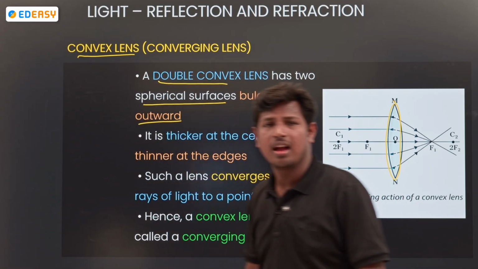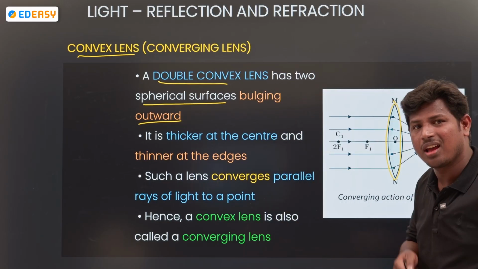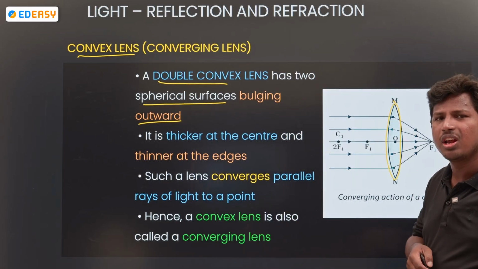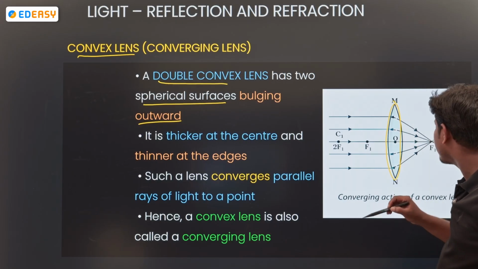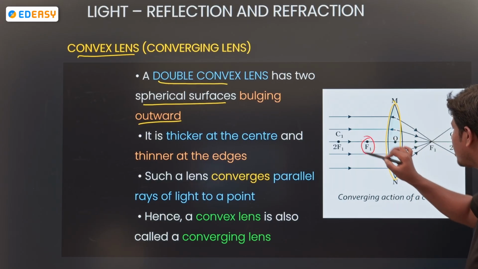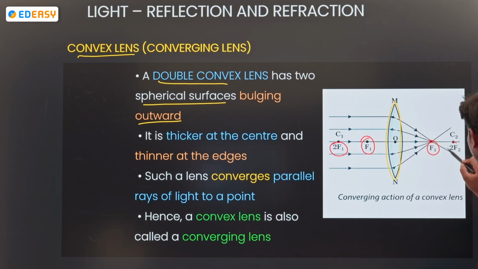If anybody has any doubt based on this biconvex lens, I am getting one doubt here, and you also get the same doubt. See, if you take a mirror, how many focuses are there? One focus. But here, how many focuses are there? F1, 2F1, 2F2.